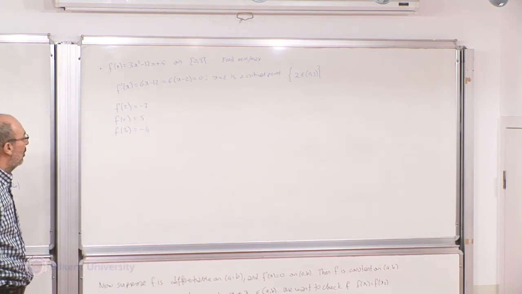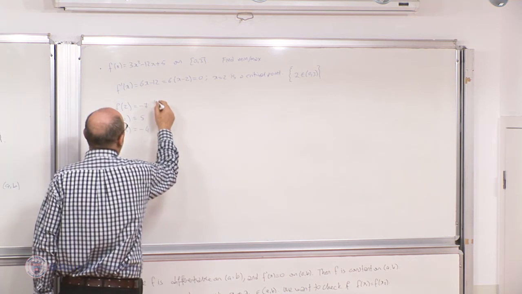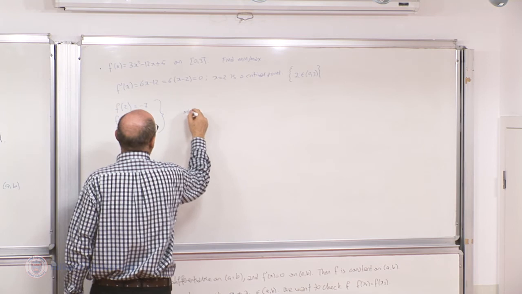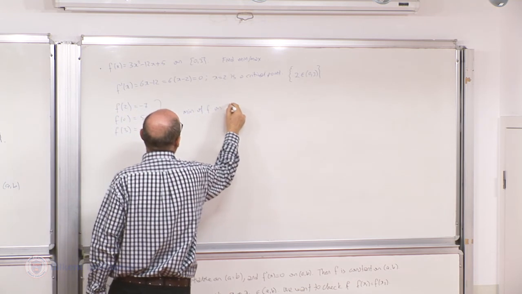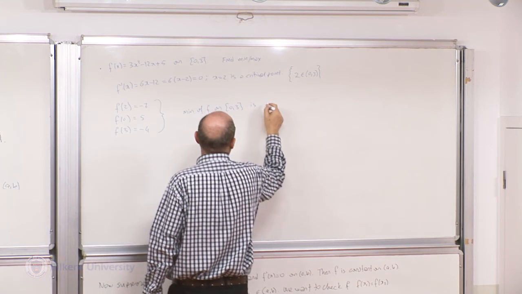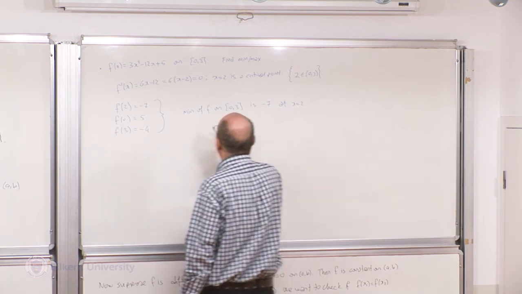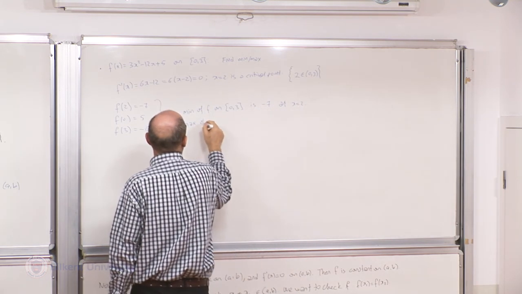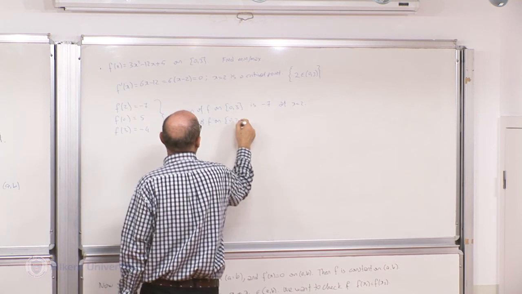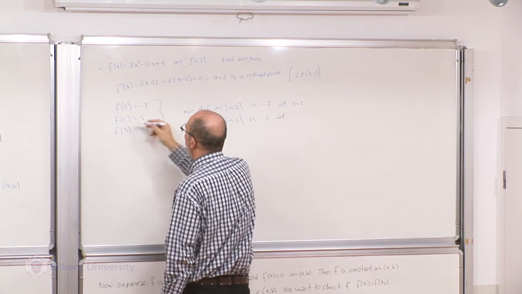So the procedure in calculus tells us that I only look at these 3 points, and I know the minima and maxima. Looking at these, the minimum of f on [0, 3] is minus 7 at x equals 2, and the maximum of f on [0, 3] is 5 at x equals 0.